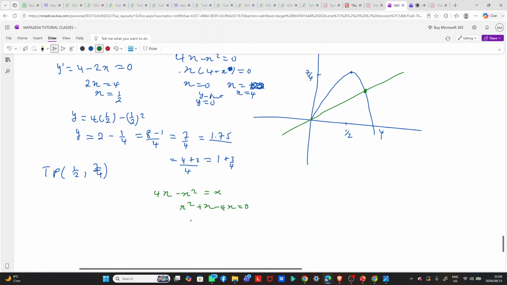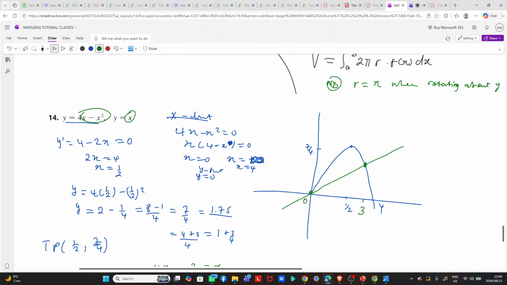Then in particular, we have x squared minus 3x equals 0. Then we factor an x, and we remain with x minus 3 equals 0. So x equals 0 is the intersection point there. Then x equals 3 is the intersection point here. To find the corresponding y value, you can plug it into any of the functions. Plug it into this one because it's easier to find quickly. If you plug 3 there, you get y is 3 as well.